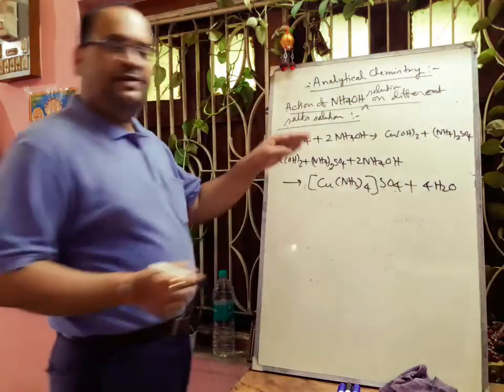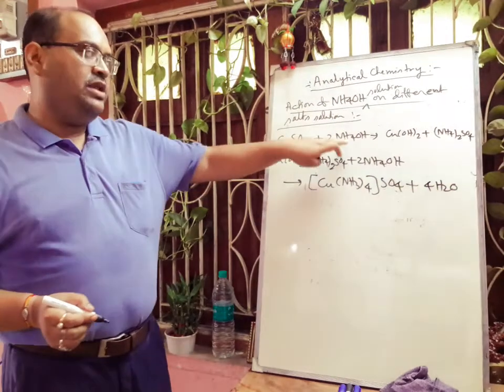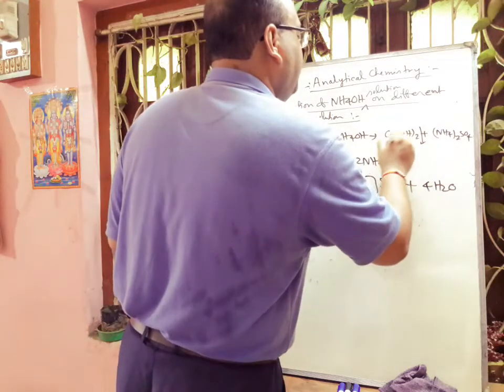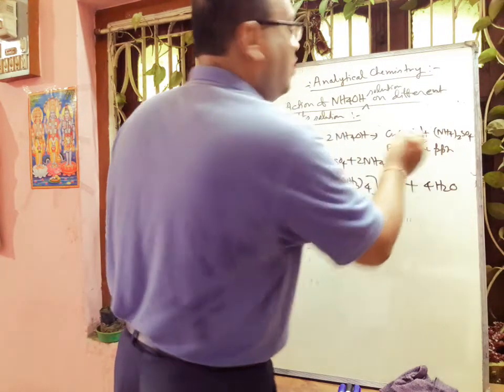Now here the observation is very important. First, when we are adding copper sulfate and a little ammonium hydroxide, there is formation of a pale blue precipitate, pale blue precipitation of copper hydroxide.